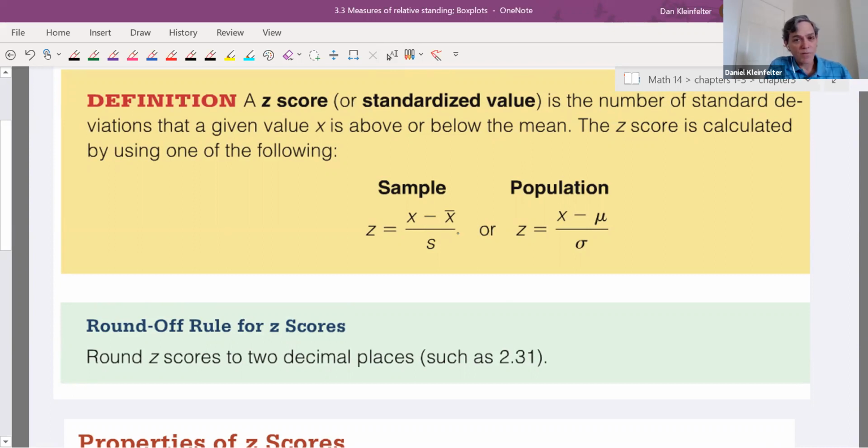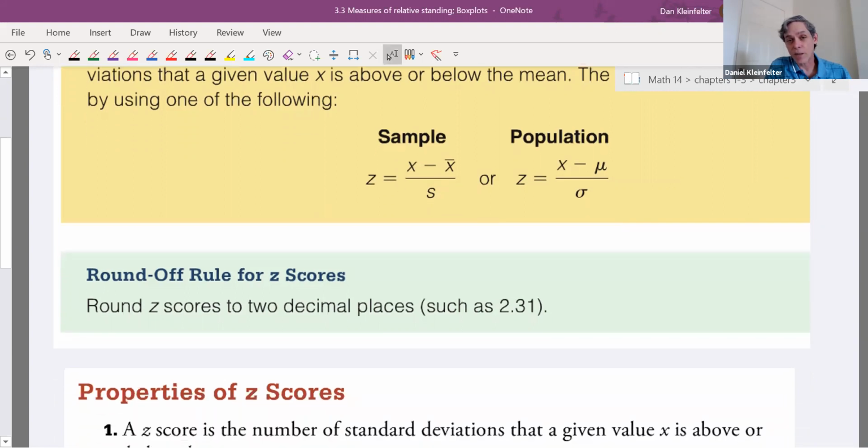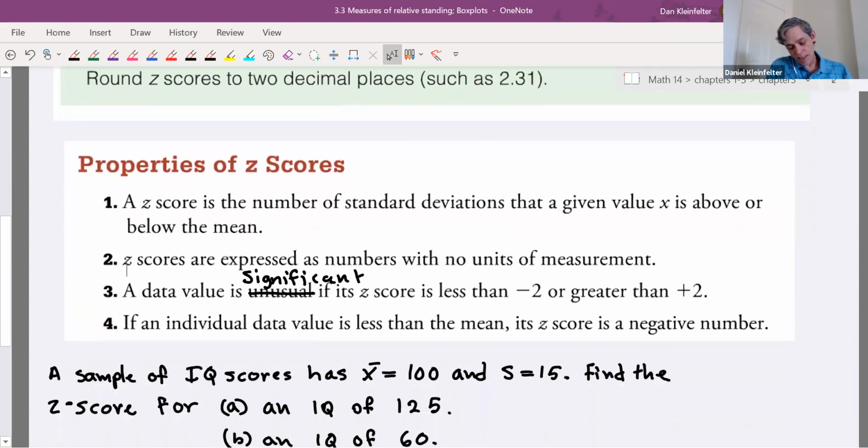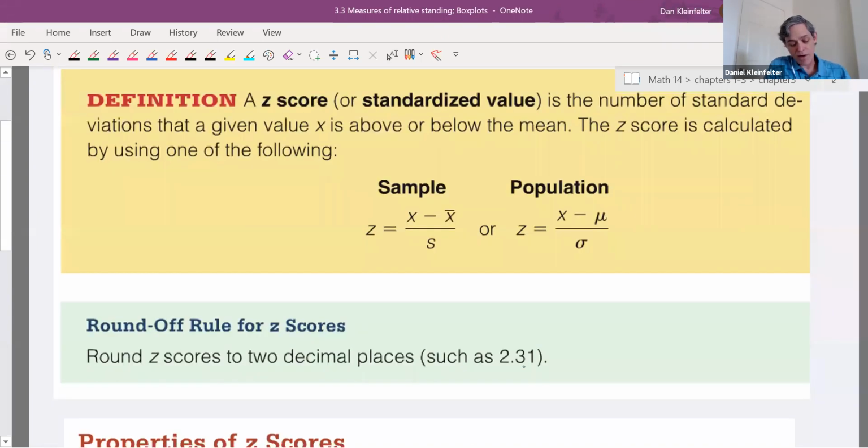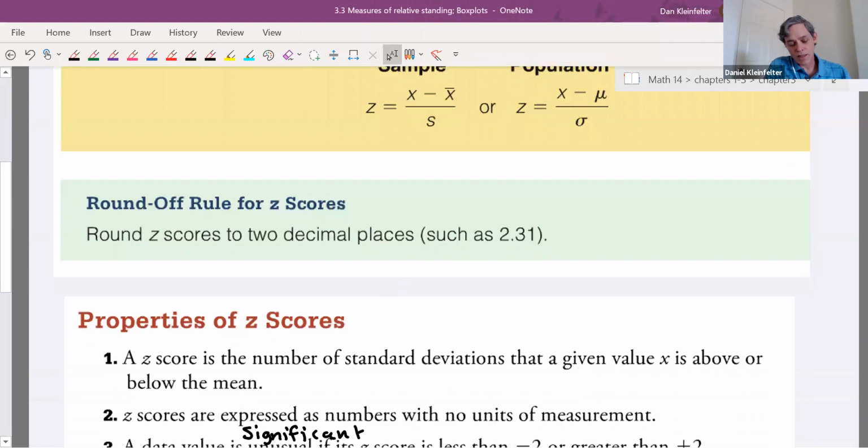The average of some values that are in inches would still be in inches. And then the standard deviation would have the same units, so it would still be in inches. If you have something that is inches divided by inches, those units are going to cancel out, leaving you with a pure number. So the z-score is just a plain number. So you're never going to have a z of 2.31 feet or something. It's just a number.